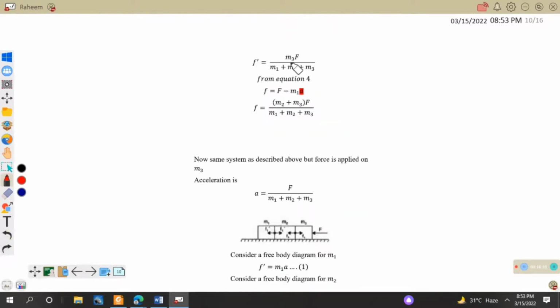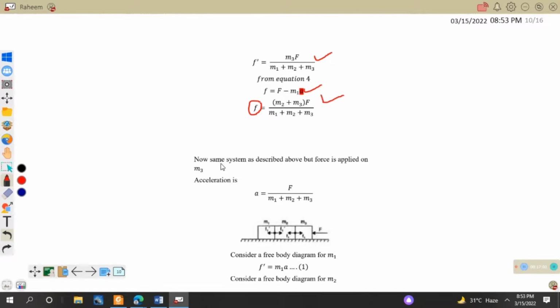So F prime is equal to m3F over m1 plus m2 plus m3. From equation 4 we can rearrange: f is equal to capital F minus m1A. If we put the value of acceleration in this expression, we will get small f, which is the contact force between m1 and m2, equal to F times m2 plus m3 over m1 plus m2 plus m3.